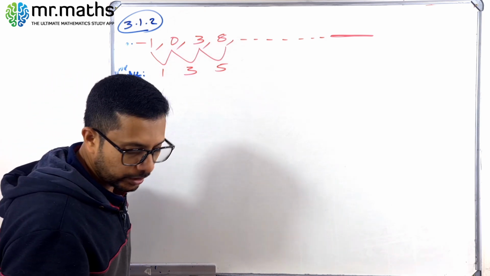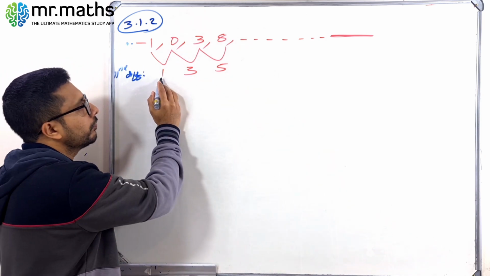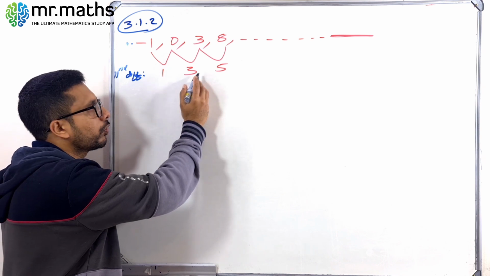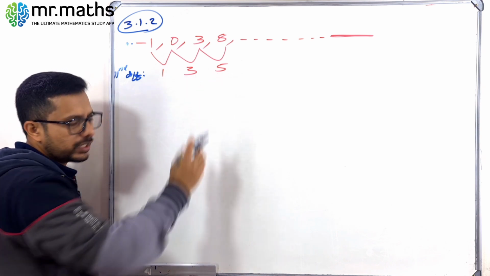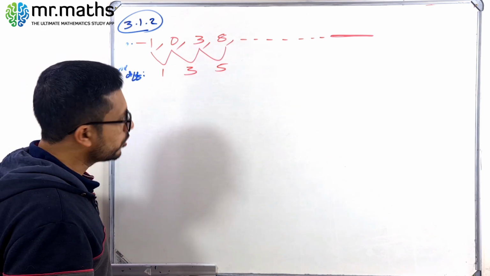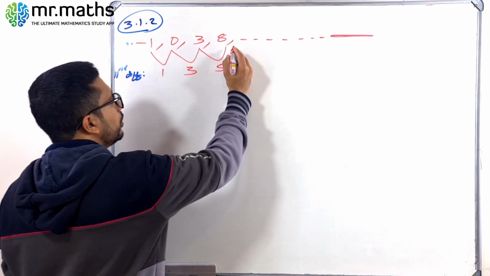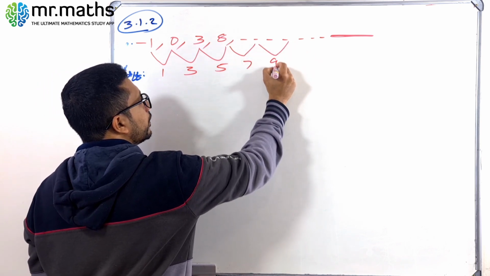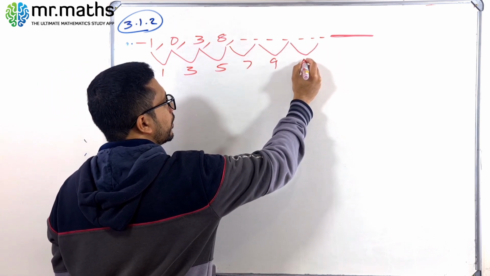What I mean is here 1 plus 3, it is 4. 4 plus 5, 9. What is the next term here? Here the common difference is 2. So it is 1, 3, 5. Next is 7. Next 9. Next, 11.